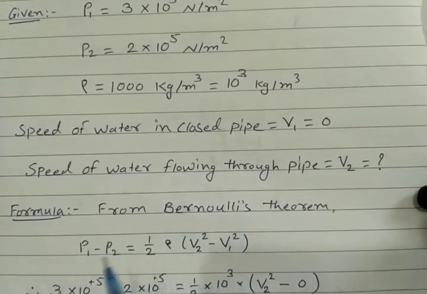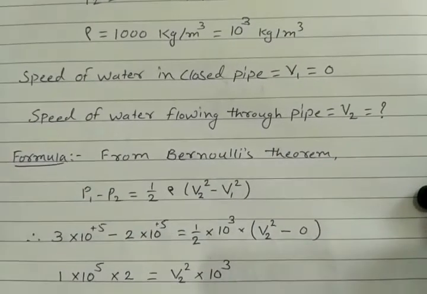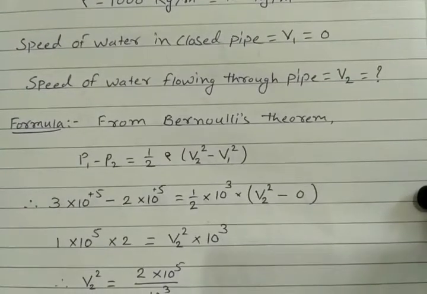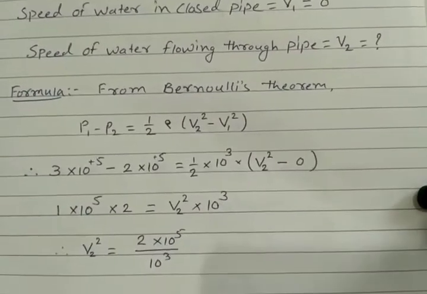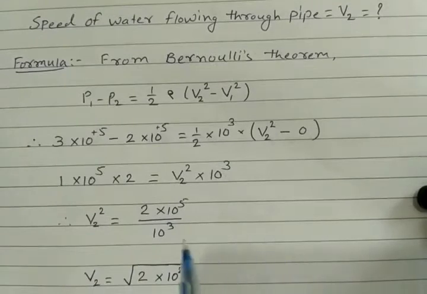So from Bernoulli's theorem, P1 minus P2 pressure difference is half rho (V2 square minus V1 square). And therefore substituting the values, 3 into 10 raised to 5 and all these values, after simplifying this 3 minus 2 we get 1 into 10 raised to 5. Here this 1 by 2 will go over to the left hand side, and therefore V2 square is 2 into 10 raised to 5 divided by 10 raised to 3.